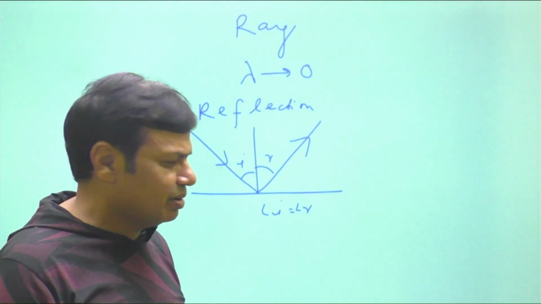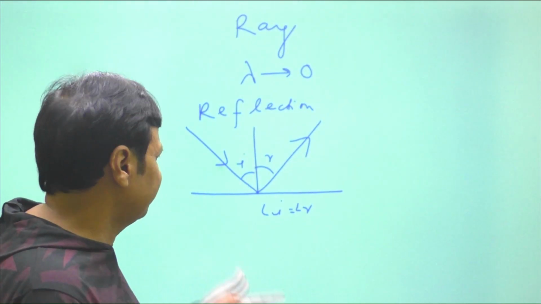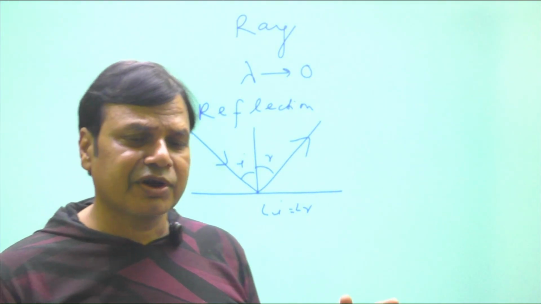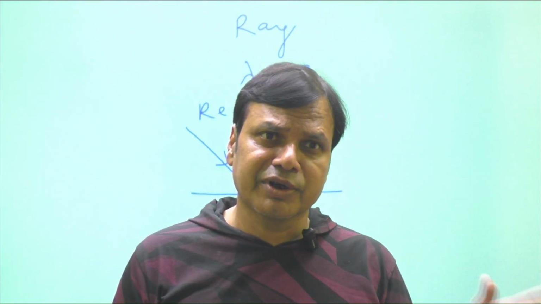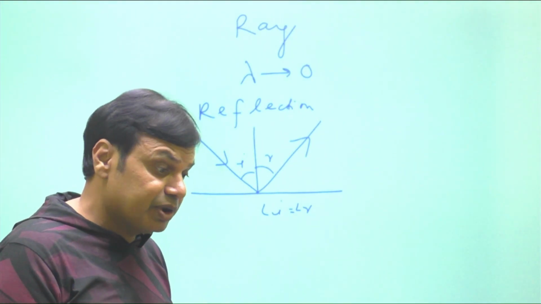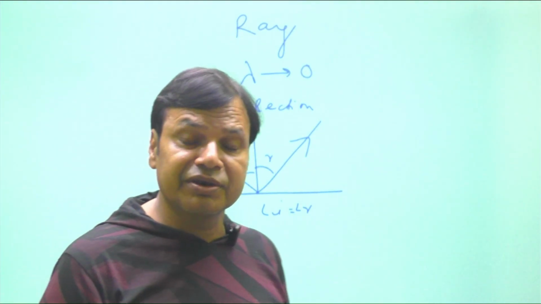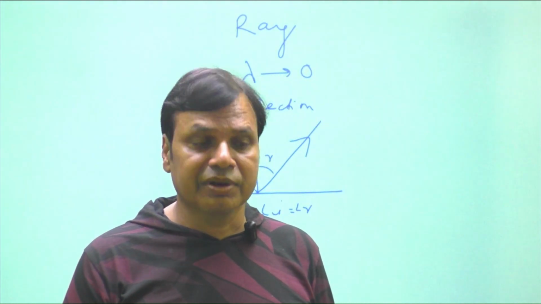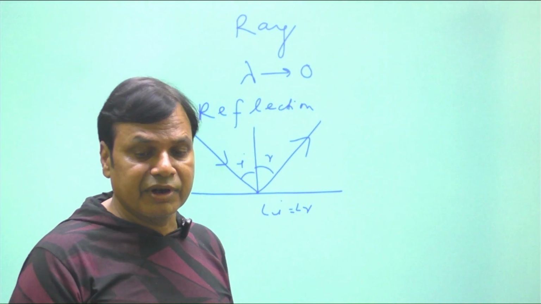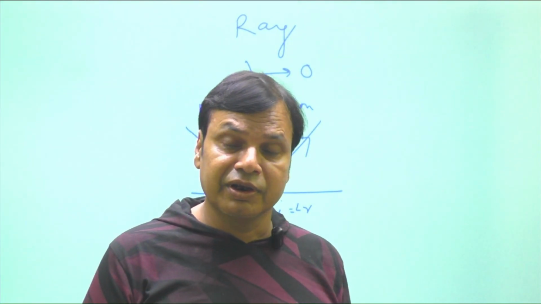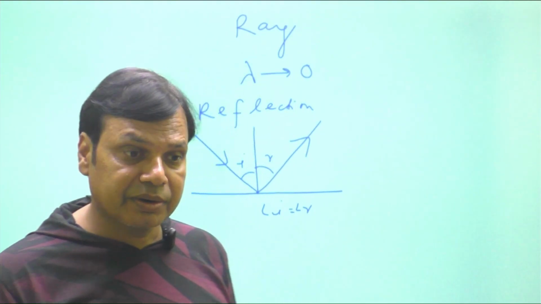And we will do it, but not right now, since we are just starting, and I will try to explain one day that lambda tends to zero concept because it's an important concept, but you need to know many things before reaching this result, that if lambda tends to 0, you can treat light as an arrow, a vector.